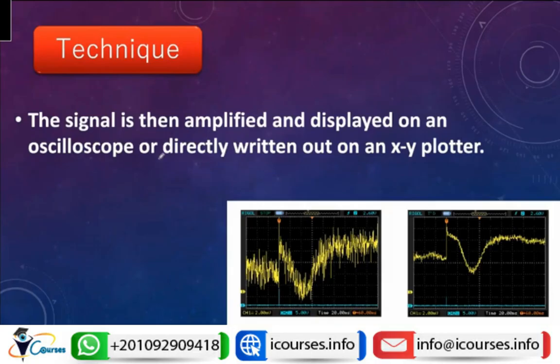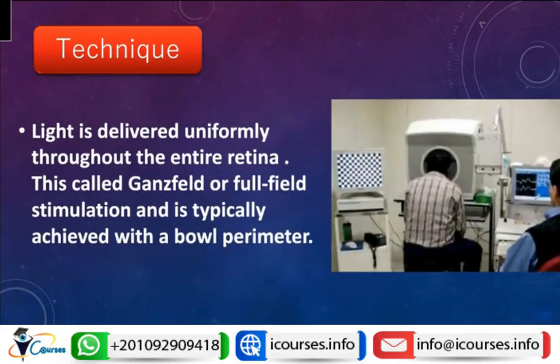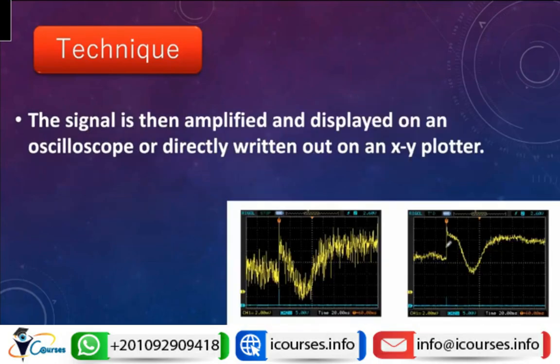Then the electrical impulse passes through the device and is amplified. If we only saw the electrical impulses from the retina, they would be very weak. So the device amplifies the impulses coming from the retina in order to see them either written or on an XY plotter.